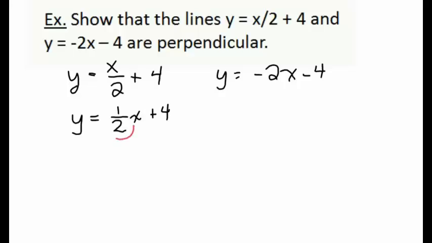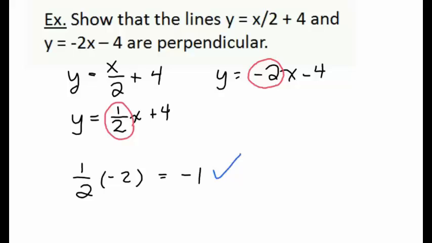So this means that the value that we're really interested in is a slope of 1/2, and for our second line we have a slope of -2. So let's go ahead and multiply those together, 1/2 times -2, and in fact we do get -1. Since we have a product of -1, this means that our lines are perpendicular.